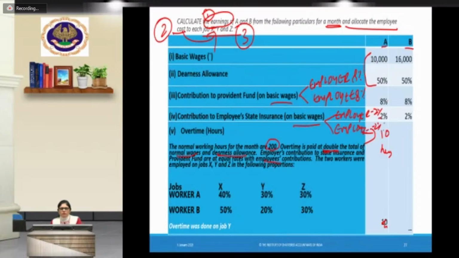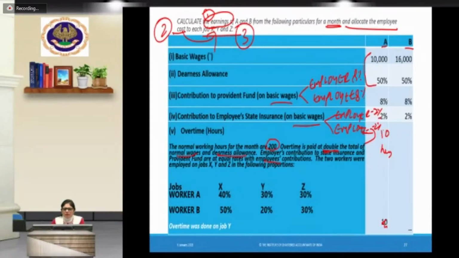Generally, it is equal. But if someone has to contribute more, then it will be the employer who contributes more. But in most cases, they give equal contribution.